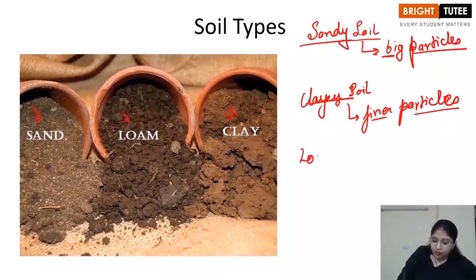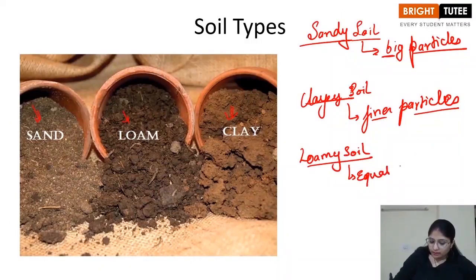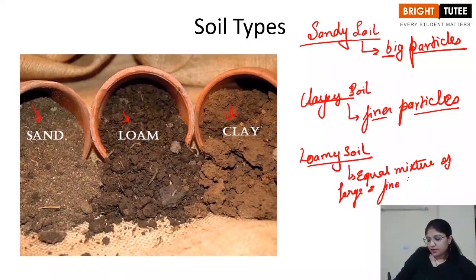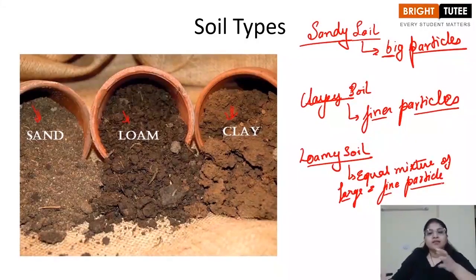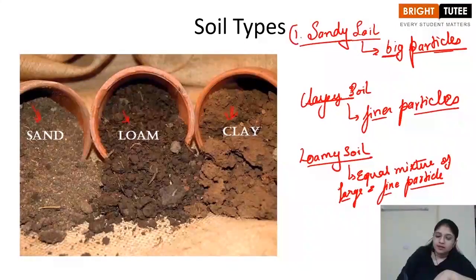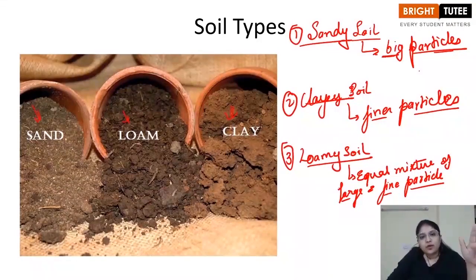And when we talk about loamy soil, this is the kind where there is an equal mixture of large and fine particles. So the proportion of the large and fine particles is the same in loamy soil. Based on the size of the particles, the soil is classified into these three parts: sandy soil, clayey soil and loamy soil.